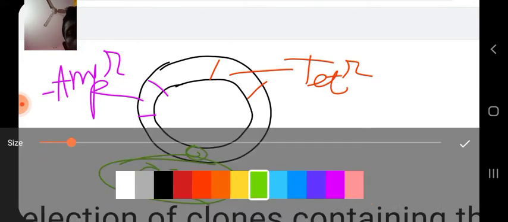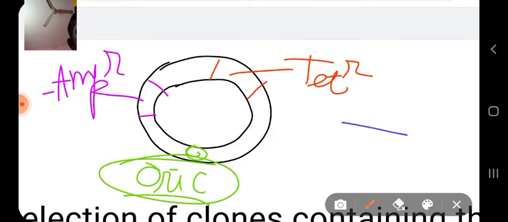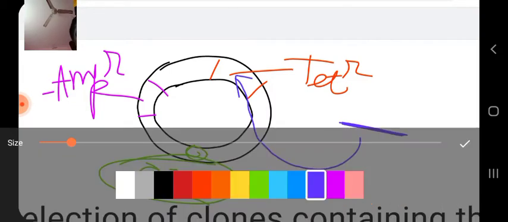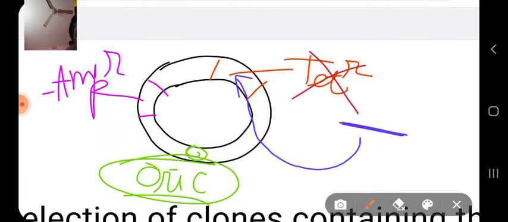Our gene of interest, say we use violet color here, is inserted into one of these antibiotic resistant genes to inactivate it. Suppose we insert it into this TETR. Now this TETR becomes ineffective because we have disrupted the gene, but the ampicillin resistant gene is still active.